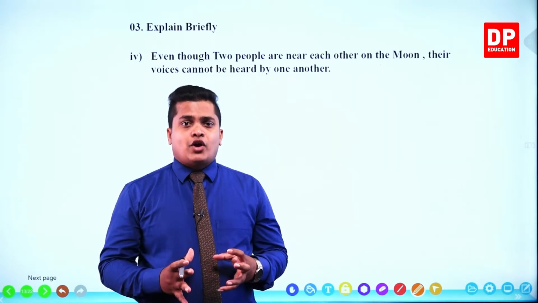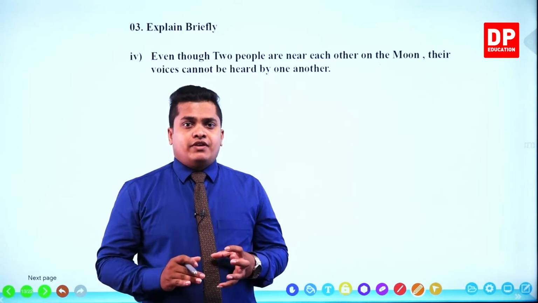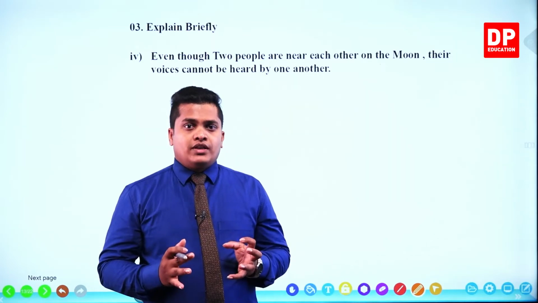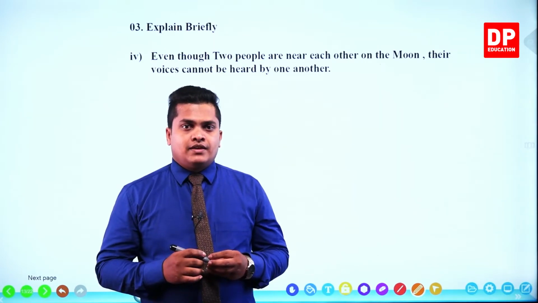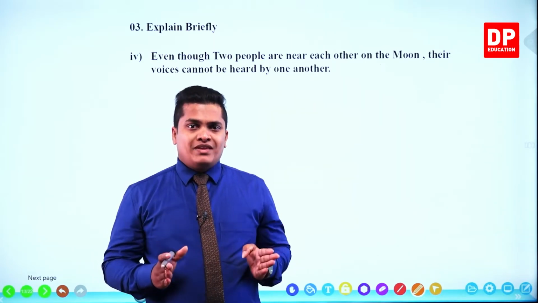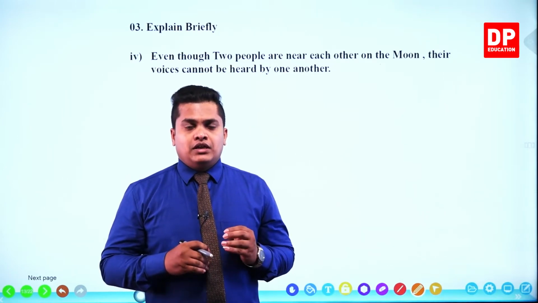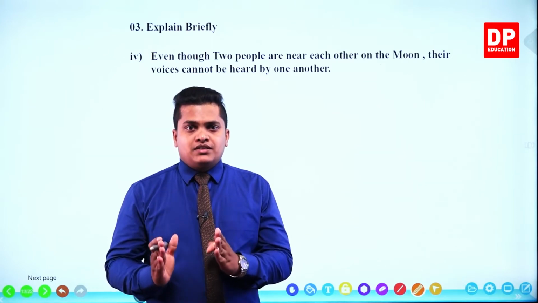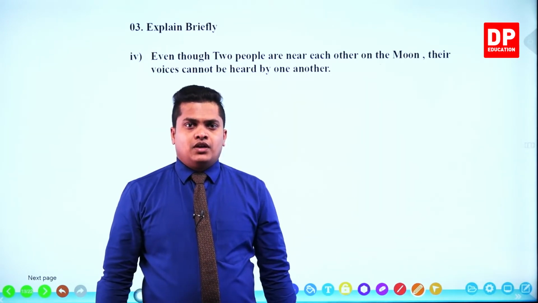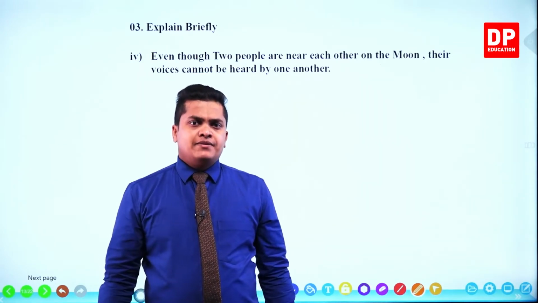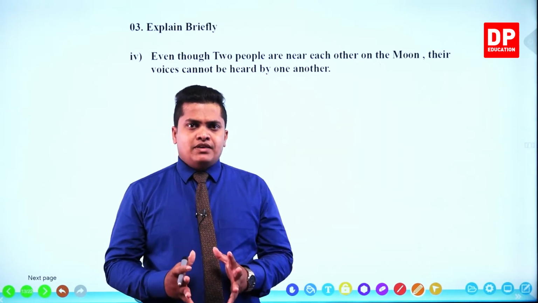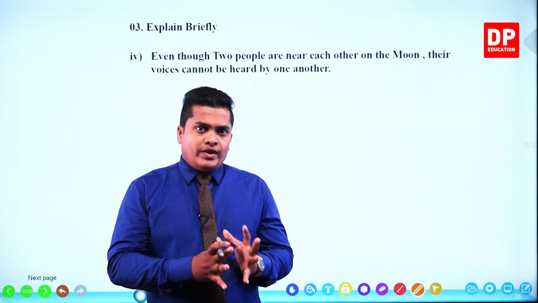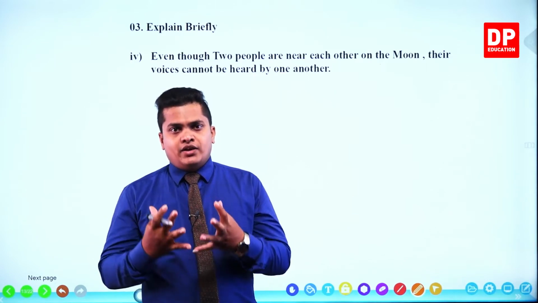is dependent on the medium which the surroundings have. If there is no medium in the surroundings, then the sound waves will not be passed from one place to another. What do you mean by a medium? Medium means any kind of liquid, any kind of solid, or any kind of gas.